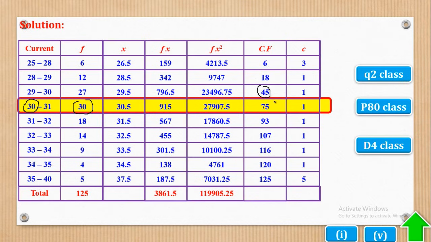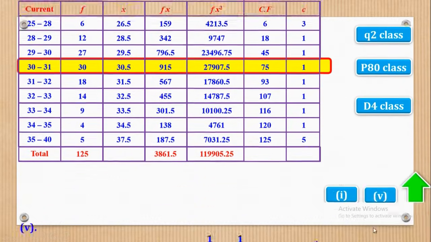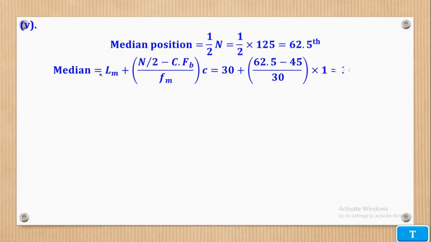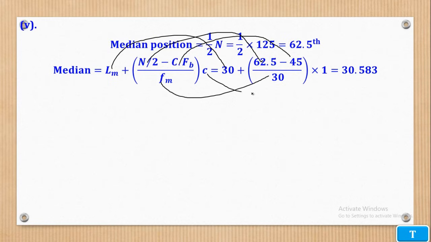Then it requires the class width of the median class, and it will be 1. So those are the ones they want. Let's go and substitute them in the formula. So substitute for the lower class boundary of the median class, then the position, which was already got, then the cumulative frequency before the median class, the frequency of the median class, and the class width. In the end, you come up with this as your median.